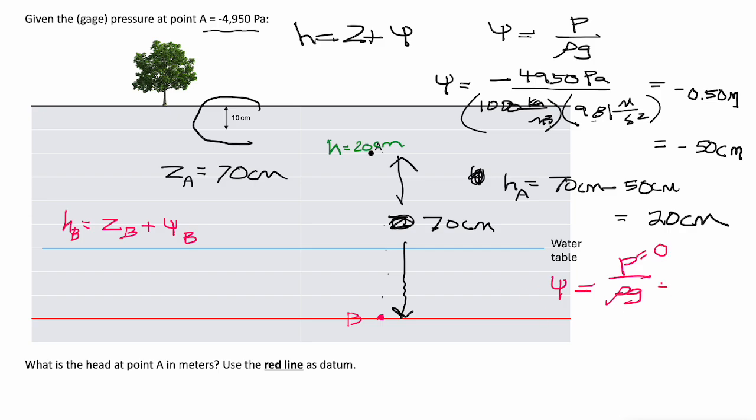Psi at the water table, at point B, will equal 0. The matric potential on the water table is always 0.